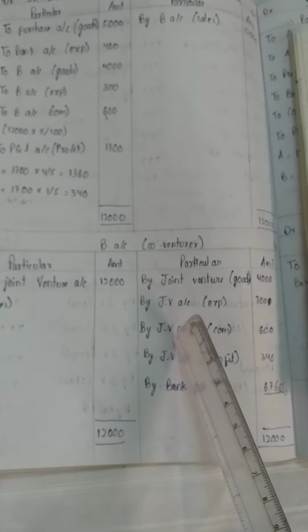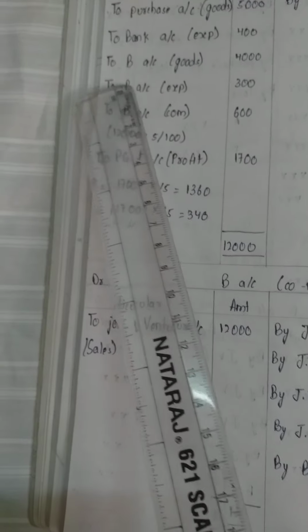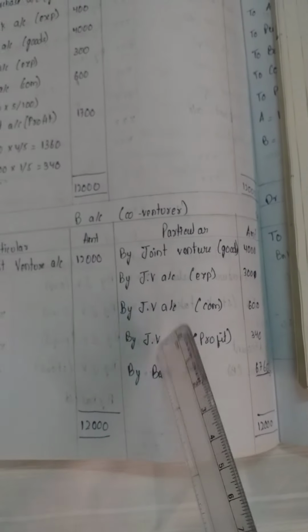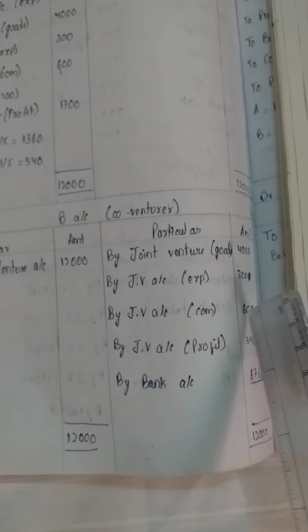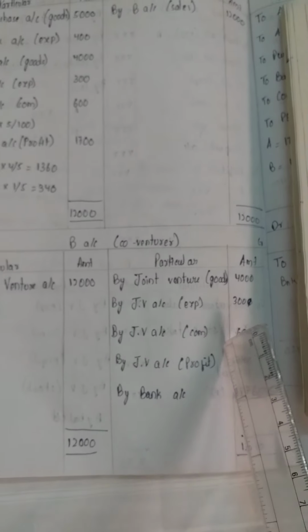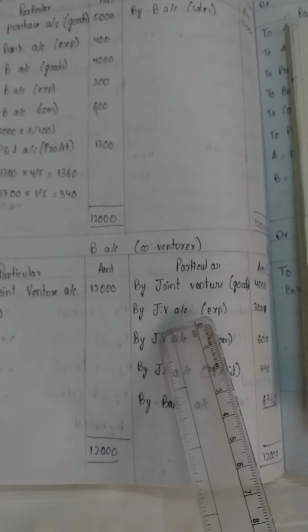Next, moving on to credit side, by joint venture, goods account 4,000 we are getting. We have to write only the expenses of co-venturer in B account, so we have written 4,000 here. So next, by joint venture account, expenses, how much we are writing here: 300, same we have to write it here.